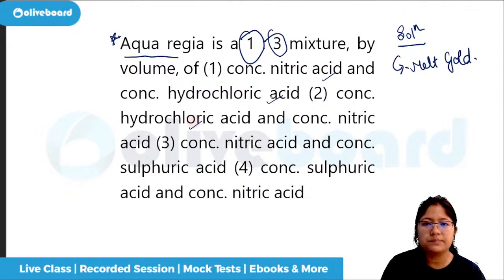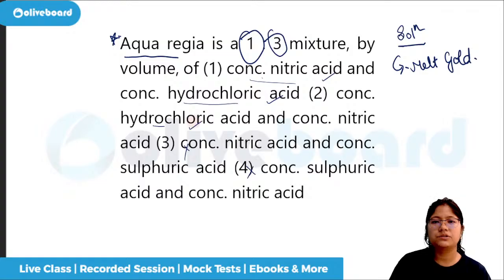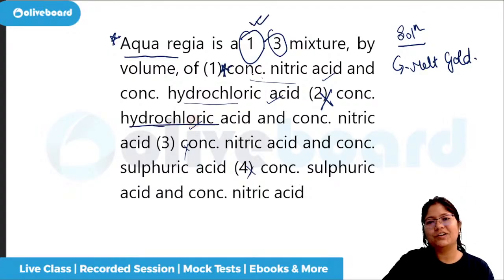These two options are the same, no? Okay, so anyone that you select from one or two is correct because, oh, wait a second. This one is wrong because it says concentrated hydrochloric acid in 1 portion, and this one says concentrated nitric acid and concentrated hydrochloric acid.